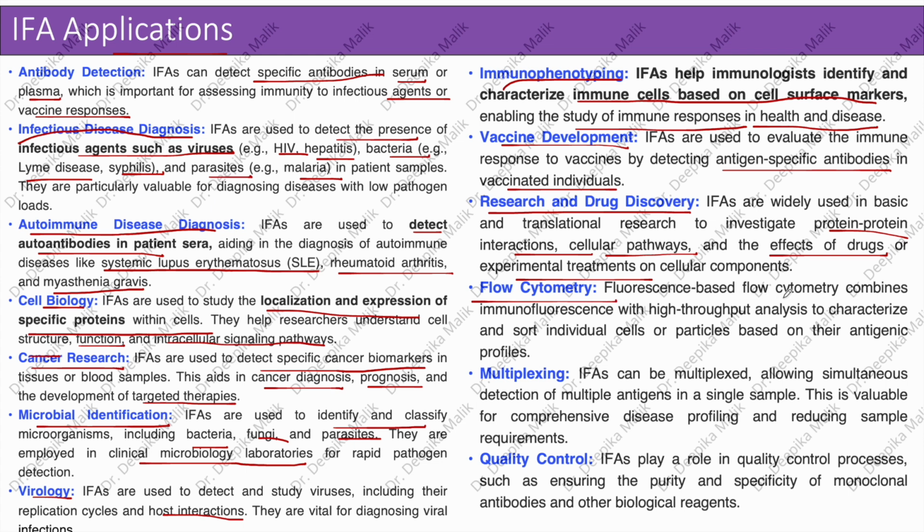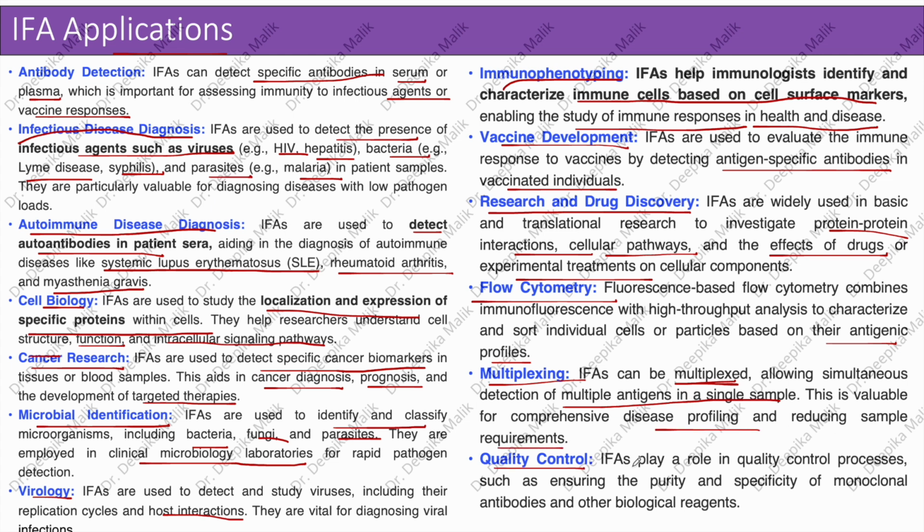Fluorescence-based flow cytometry combines immunofluorescence with high-throughput analysis to characterize and sort individual cells or particles based on their antigenic profiles. Multiplexing. Immunofluorescent assays can be multiplexed, allowing simultaneous detection of multiple antigens in a single sample. This is valuable for comprehensive disease profiling and reducing sample requirements.